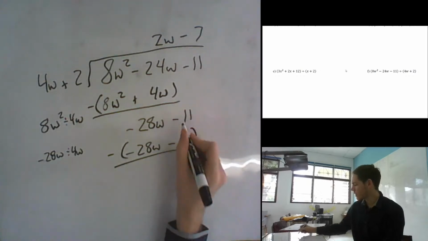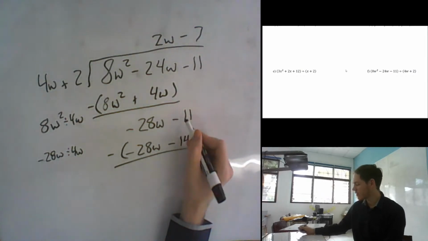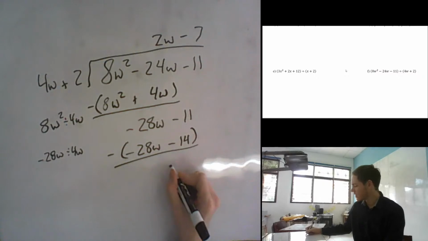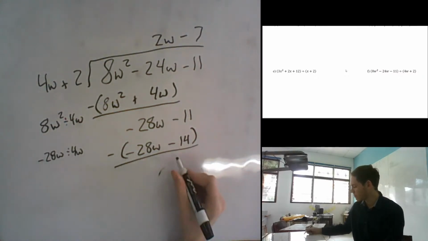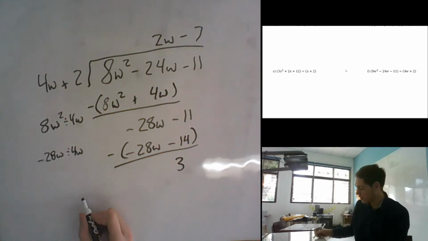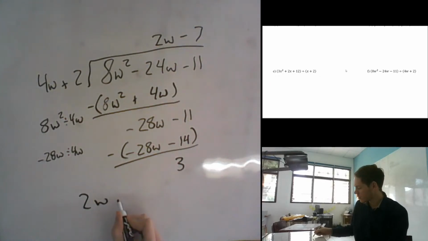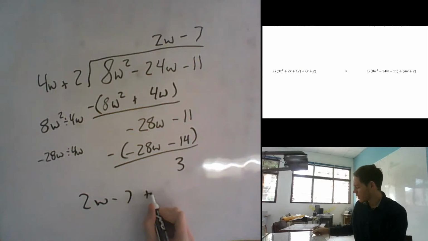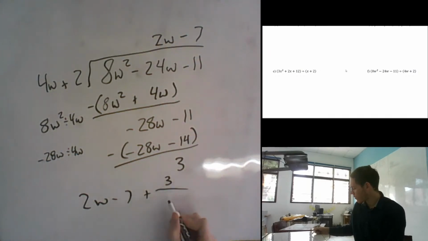Subtract it. We get cancels, negative 11 plus 14 is going to give us 3. So our conclusion would be 2w minus 7 plus 3 over 4w plus 2.